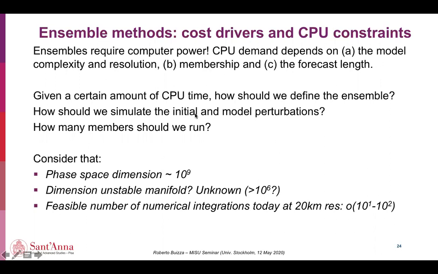Okay, so these choices, and then how should I design my ensembles? These are all choices that we had to make, because it's clear that we cannot run a very large number of members. And indeed, today everyone is running between 10 and 100 members.